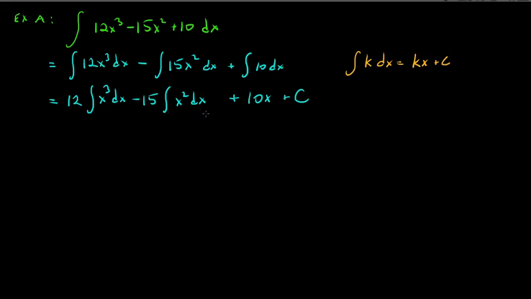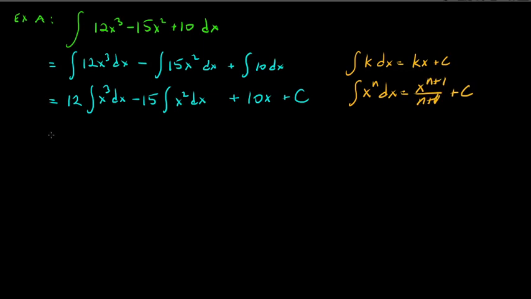And now we still have to do these integrals, right? So we're not done. We have to perform these 2 integrals here. And what rule am I using here? Well, I have x to a power. So x to the n, just to remind you, is x to the n plus 1 divided by n plus 1, plus c. Sorry, that's a plus 1, right?